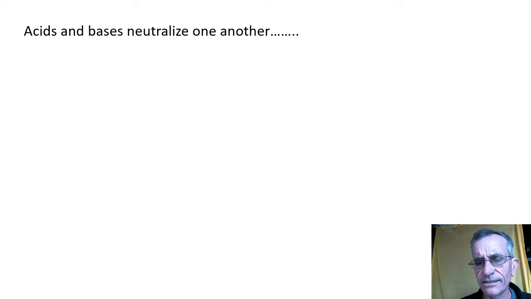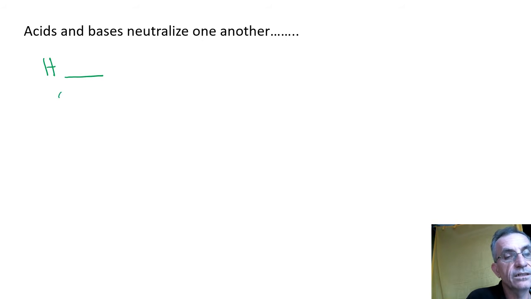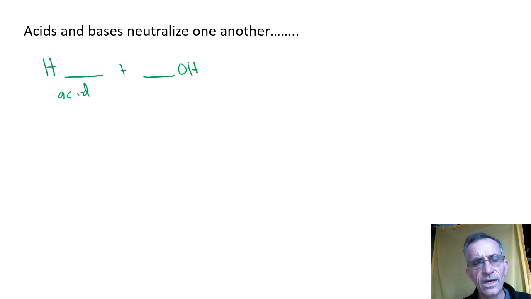Let me write it out generally first, and then we'll look at some examples. Generally, we're going to have an acid. Just to remind you, an acid is a compound that starts with H, and you're going to react it with a base. A base typically ends in OH, thinking of them the way Arrhenius did.